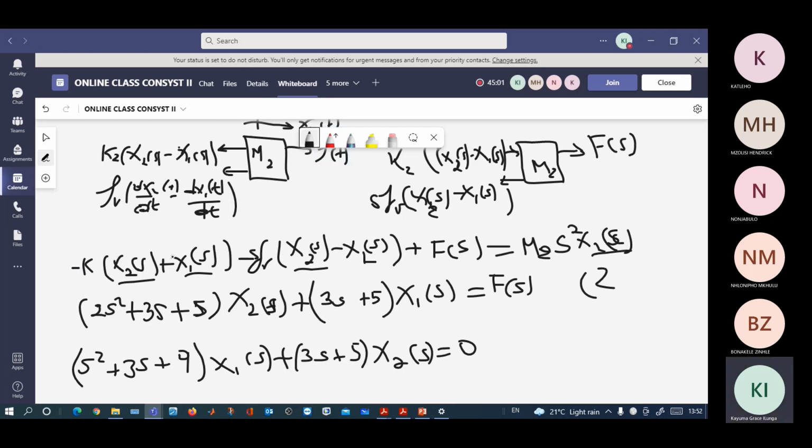I multiply by K2, so this is K2, right? Yes, which means negative K2 multiplied by X2 S and also negative K2 times negative X1 S. Then you get positive. Yes. Normally it's like that. Remember, I just told you that I don't put the sign on the free body diagram, but we know that there is. Okay, let me put it like this, so it's maybe easy for you.